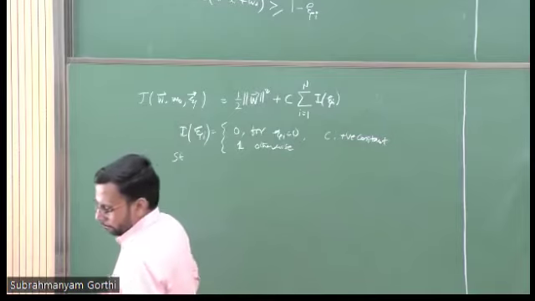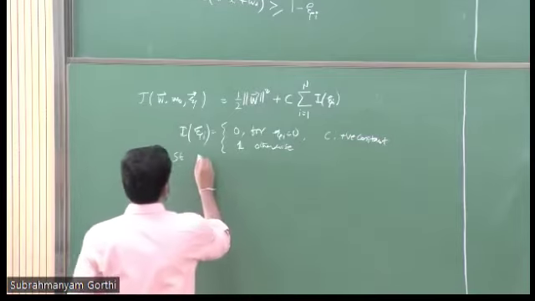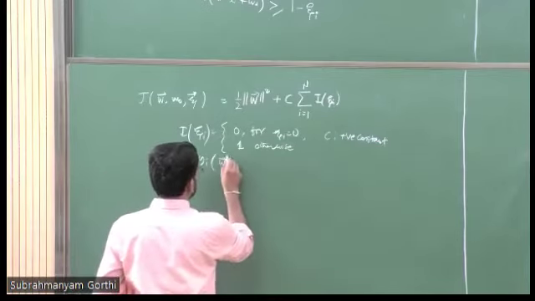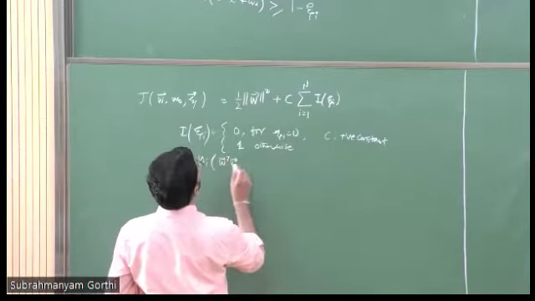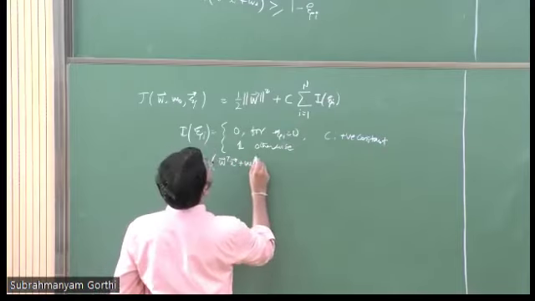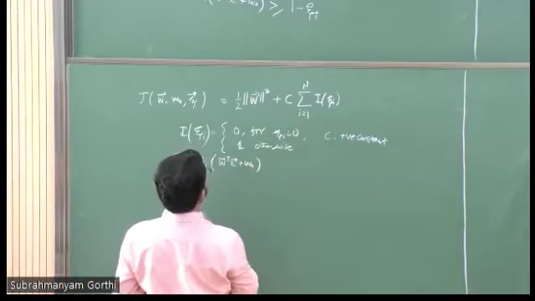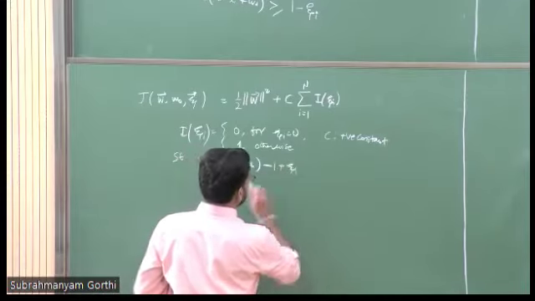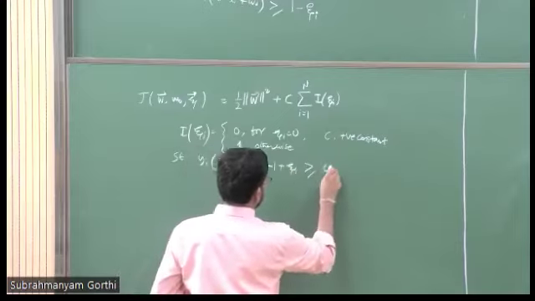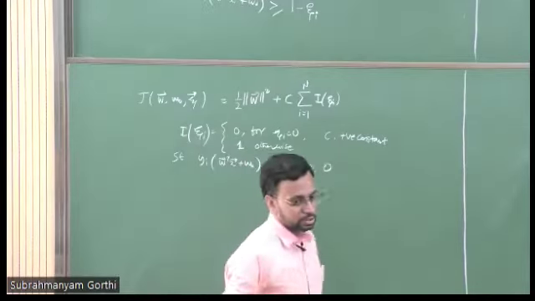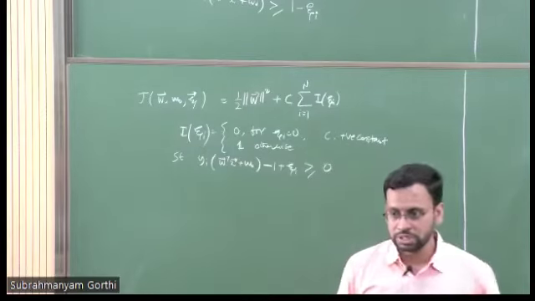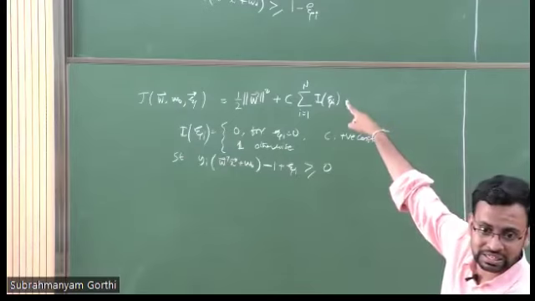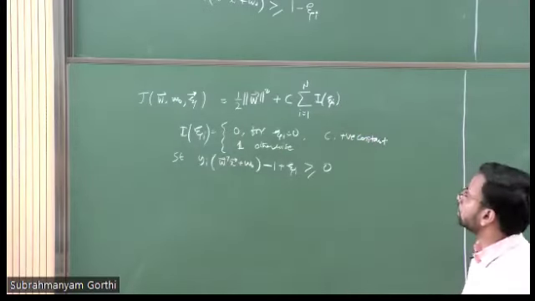Okay, subject to the constraint that yi into w bar transpose into x bar plus w naught, minus 1 plus xi I is greater than or equal to 0. This is the constraint. I'm just taking that generalized constraint there. Make a note here.